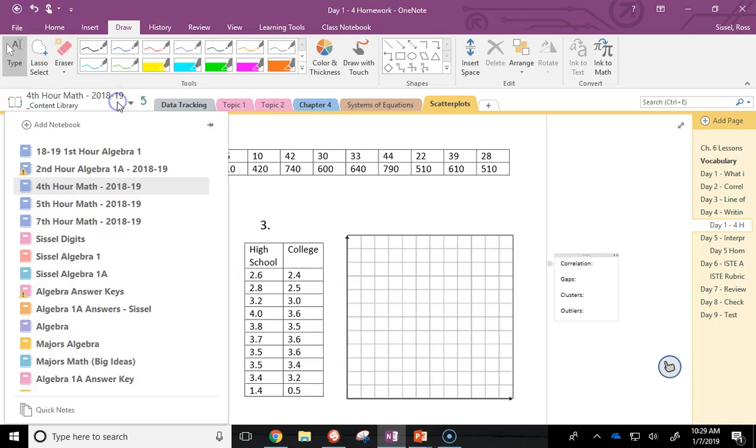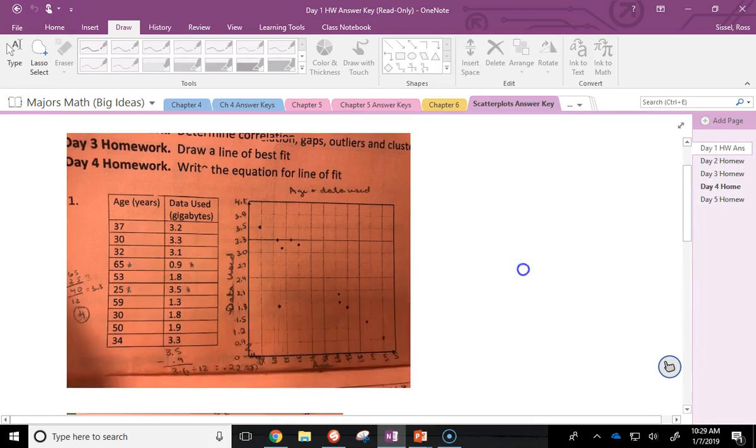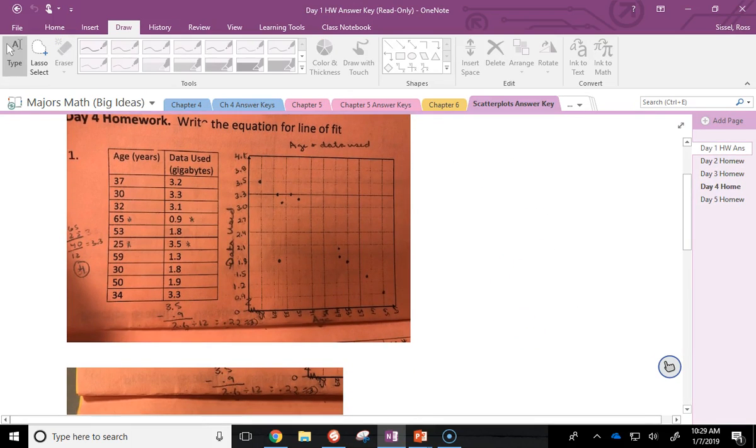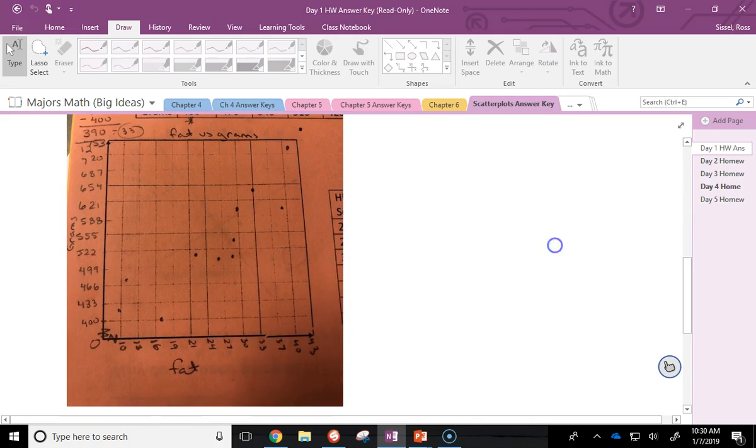I'll even go to my answer key that was on there. I'm going to look at number one, and I'm going to write down what type of correlation is this. Is there any gaps? Yes or no? Where are they at? Aaron, this is your warning to be paying attention before I move you and mark it down. Are there any clusters? Are there any outliers? I then look at my graph for number two.